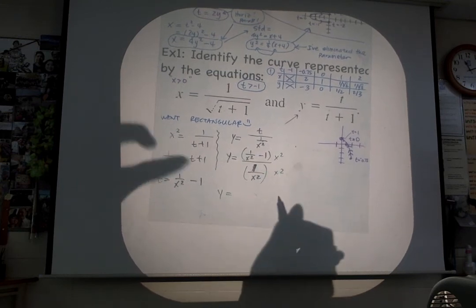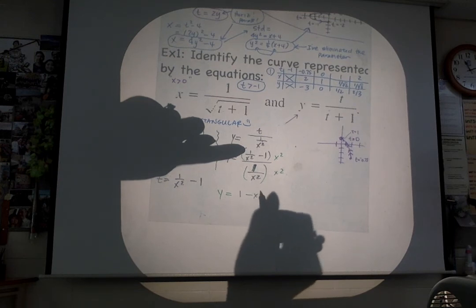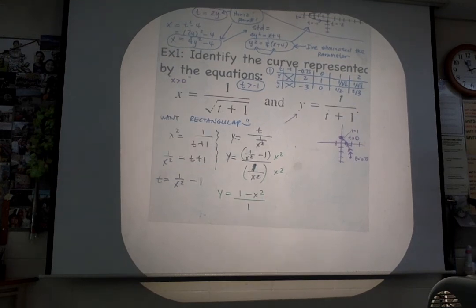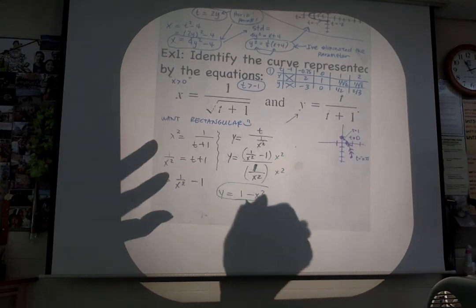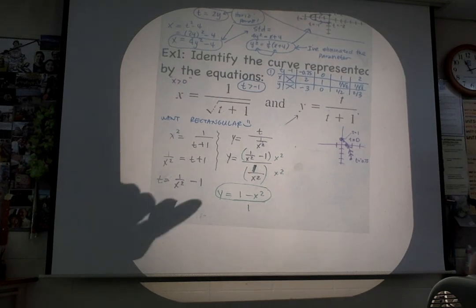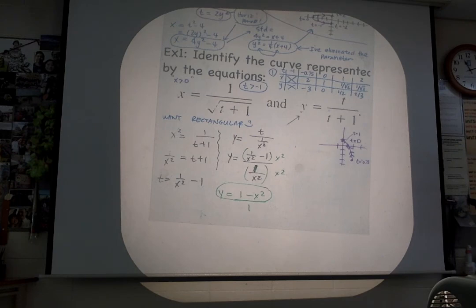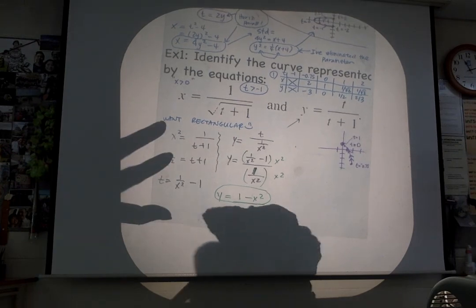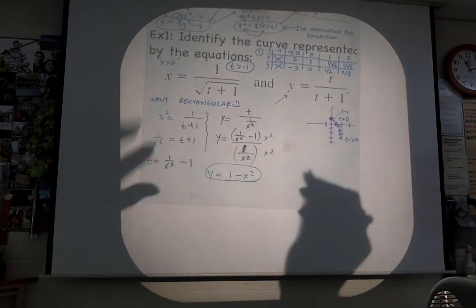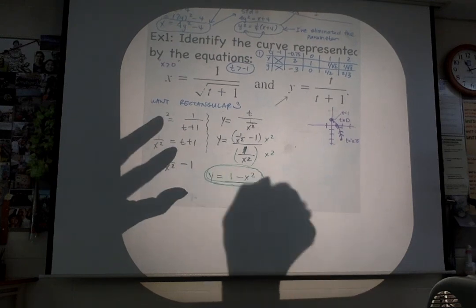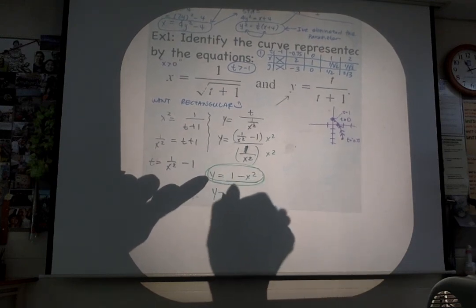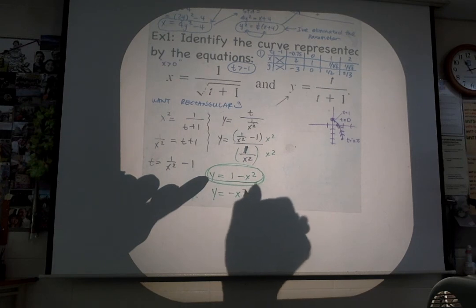So I get 1 minus x squared all over 1, which is just y equals 1 minus x squared. Everyone out there knows that this is an upside down parabola. However, this is a key thing. We're done, we've eliminated the parameter. The answer is y equals 1 minus x squared.